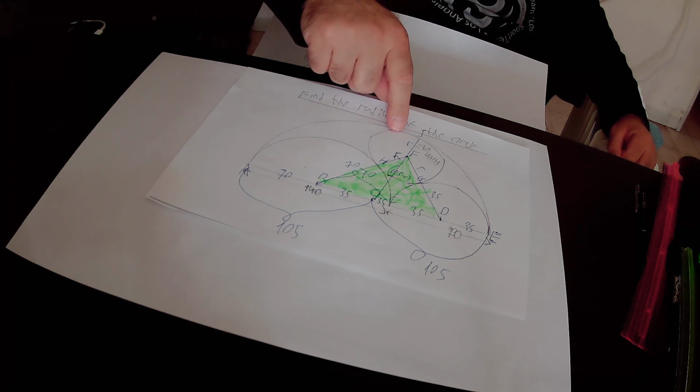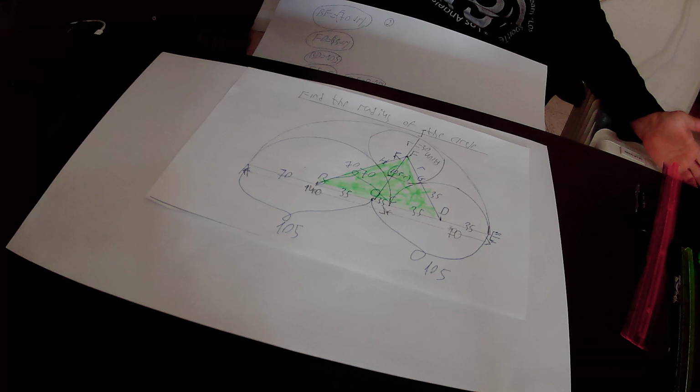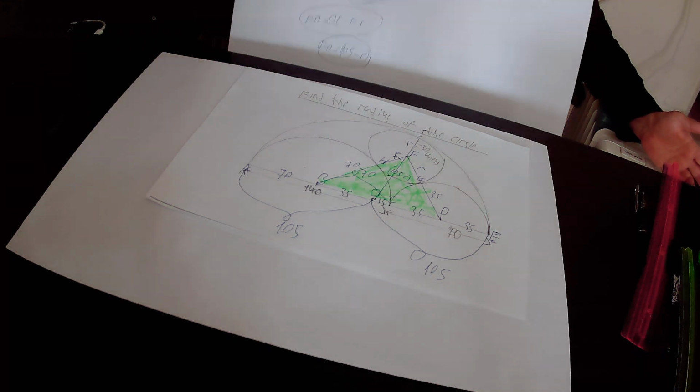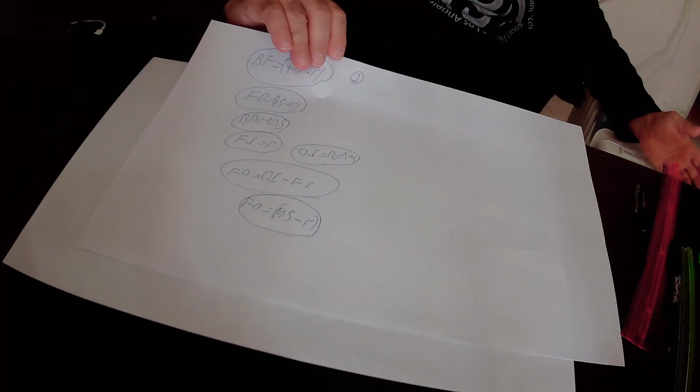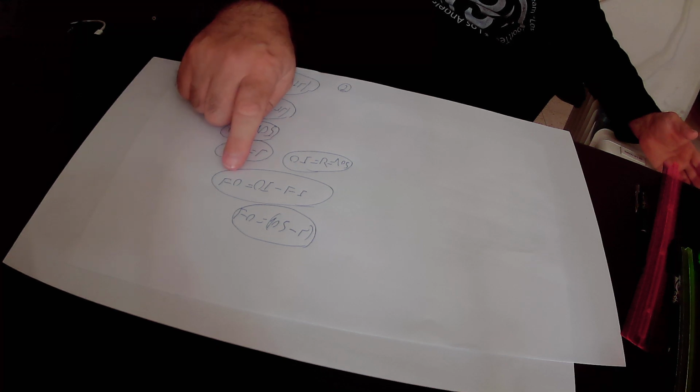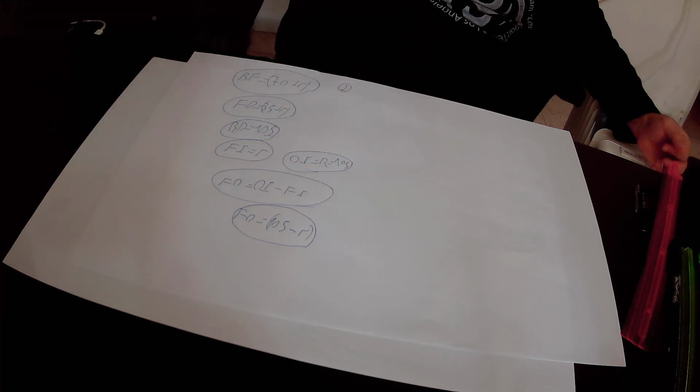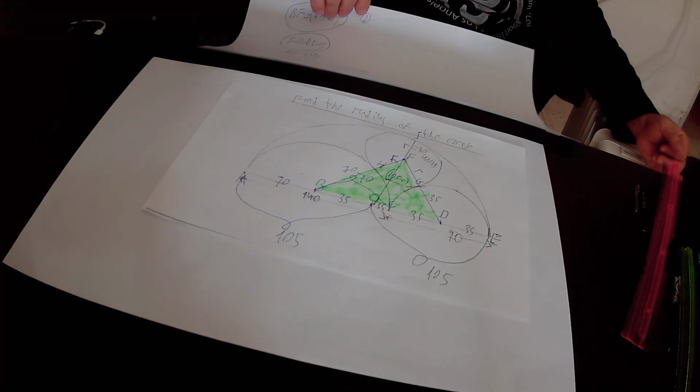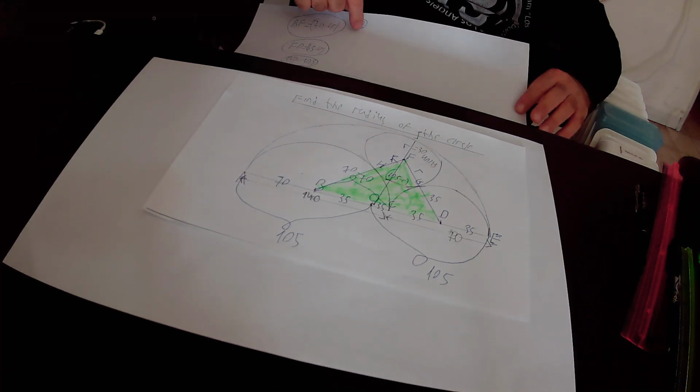IF is the radius of this circle, which is equal to small r according to our definition. Therefore, FO equals 105 minus r units.